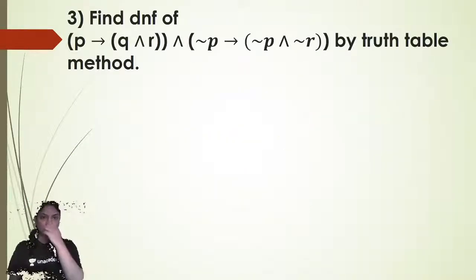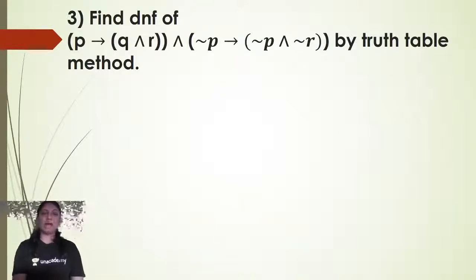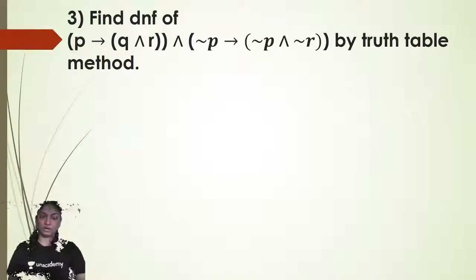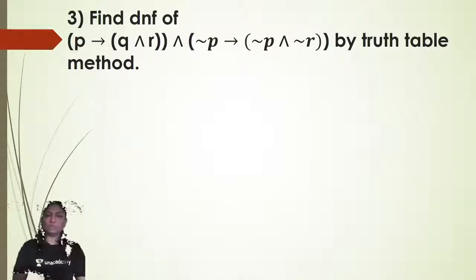Now see, find the DNF of P implies Q and R and negation of P implies negation of P and negation of R by the truth table method. So first of all, we will calculate the truth table. Then we will see how to find the DNF.